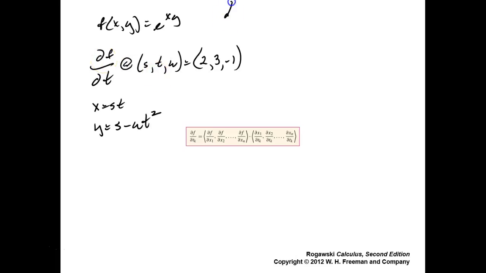So what is partial of f with respect to t? You tell me. Chain rule.